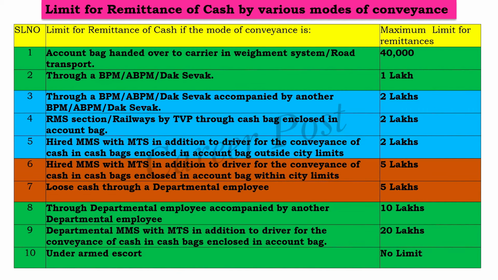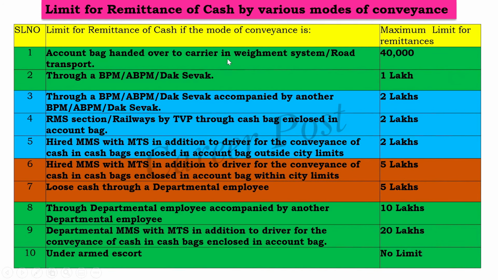This is the detail. I have arranged it in sequence from the lower amount to the higher amount so that you can easily memorize them. I will also show you in pictorial format in the next slide so that you can understand clearly. Let us see what is the content here.